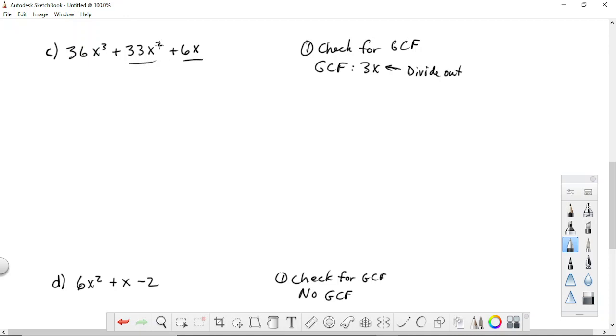The middle term's actually times x squared here, and the x squared term is x cubed. There's an extra x, so to speak, multiplied by each term. So we're going to factor that out as well. So 3x is our greatest common factor. Okay, so we divide that out.